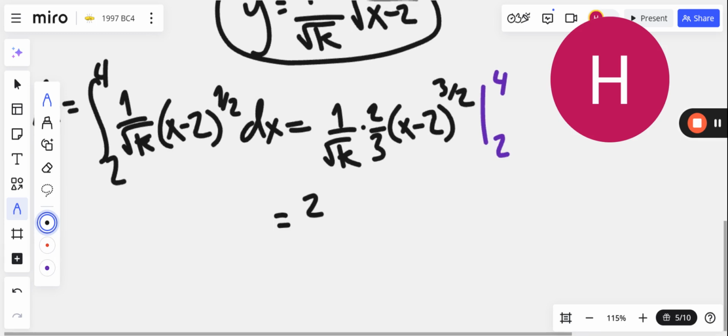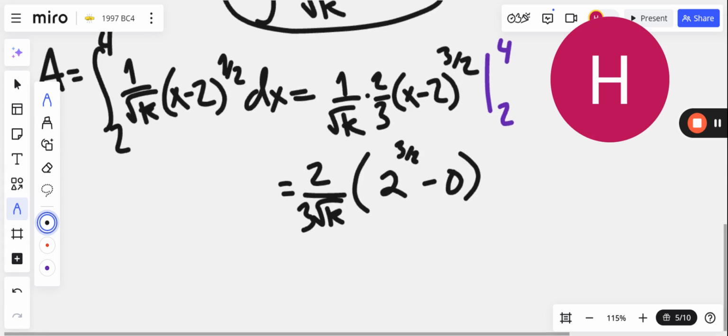So we're going to have 2 over 3 root k times 4 minus 2 to the 3/2 power, which is just 2 to the 3/2 power, minus 2 minus 2, so that's 0 to the 3/2 power. So here we have 2 times the square root of 2, since it's cubed, so it's times itself 3 times.